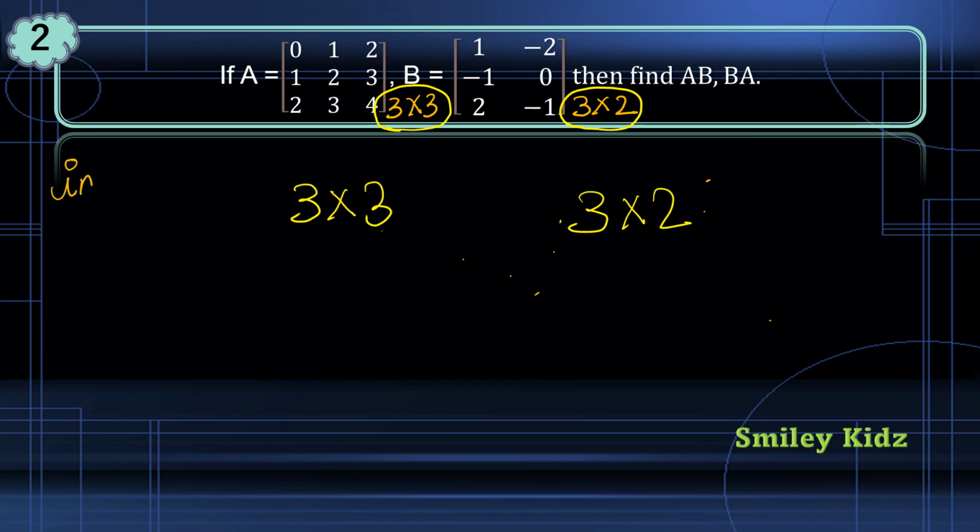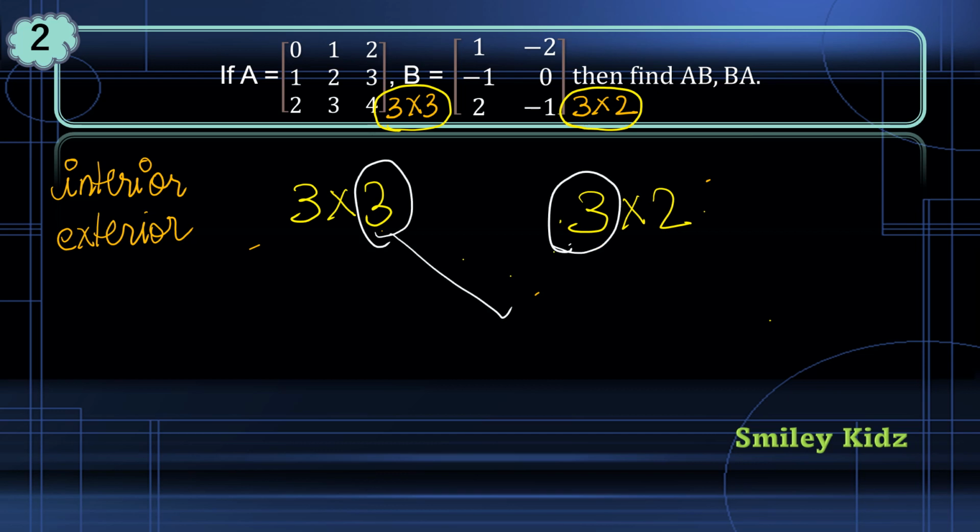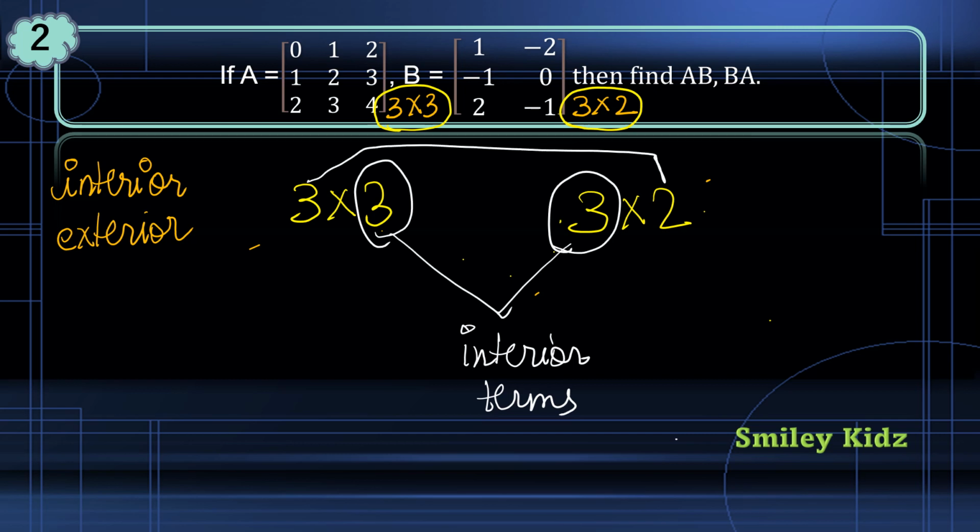When I am talking about interior and exterior, let me make the concept clear. Interior terms are these two terms. On the other hand, these two terms at the extreme ends are the exterior terms.